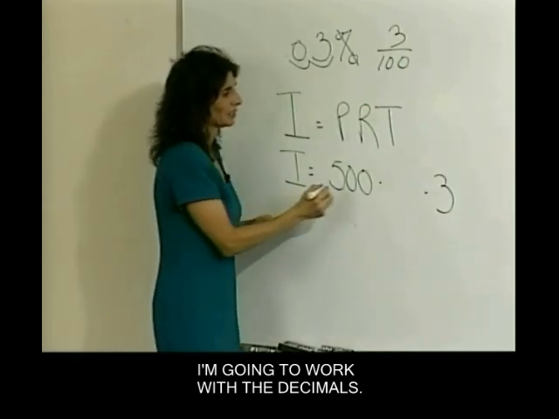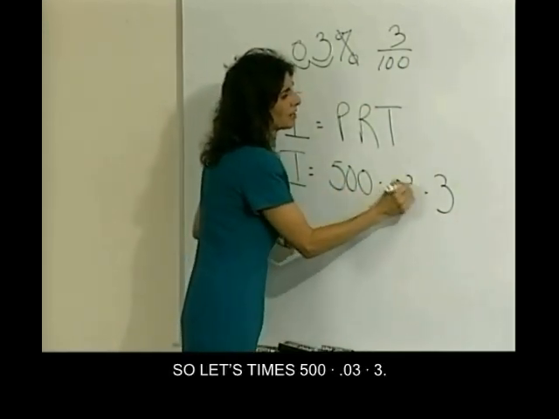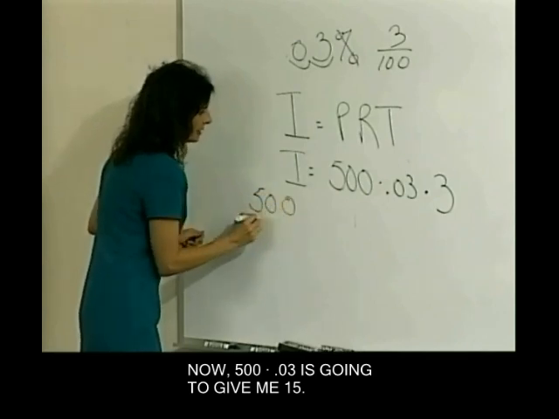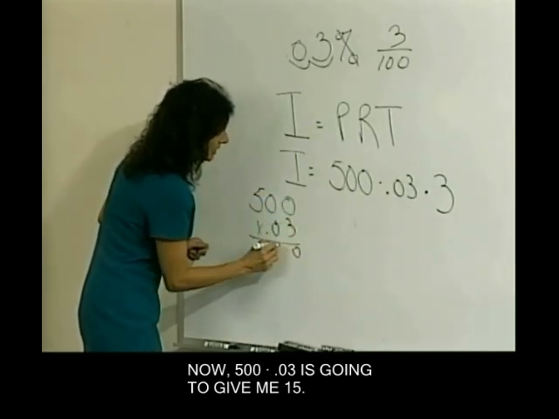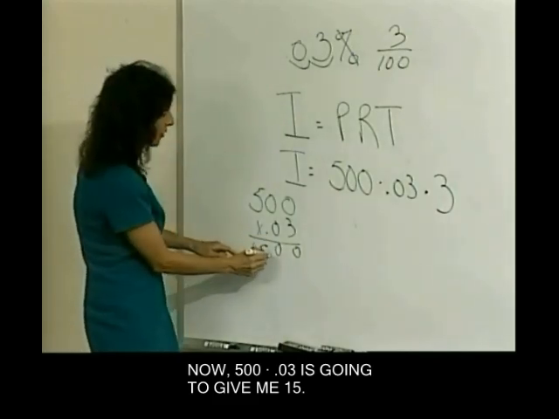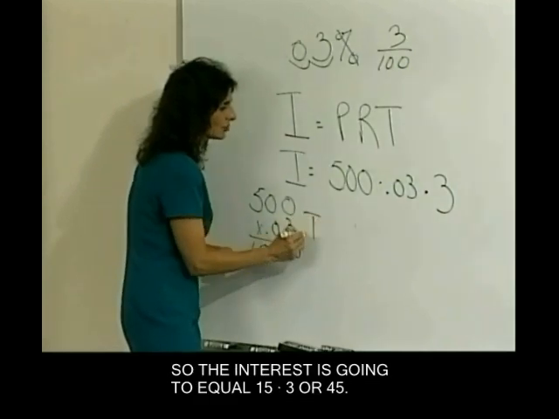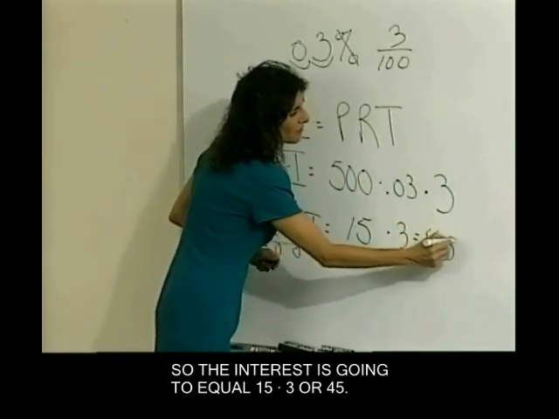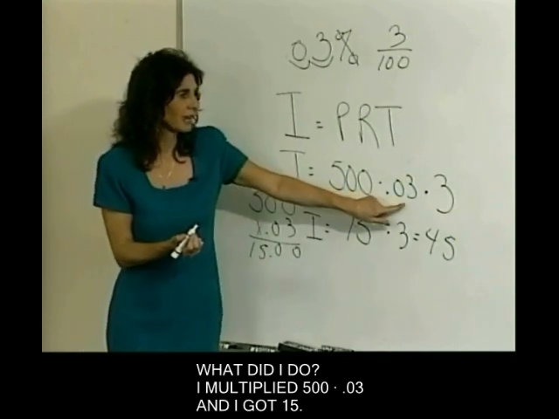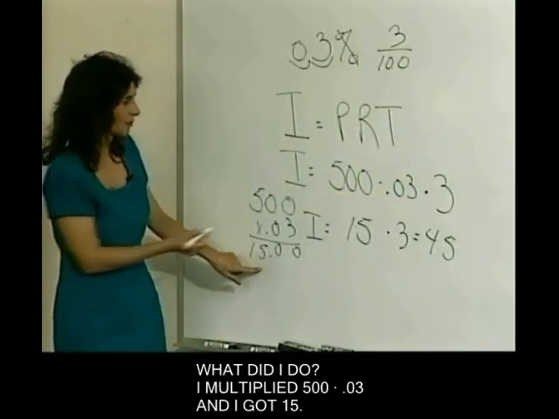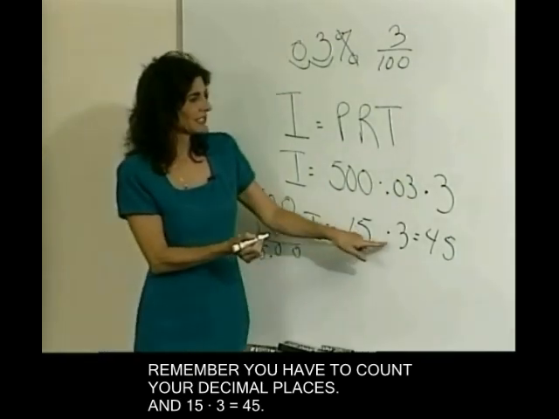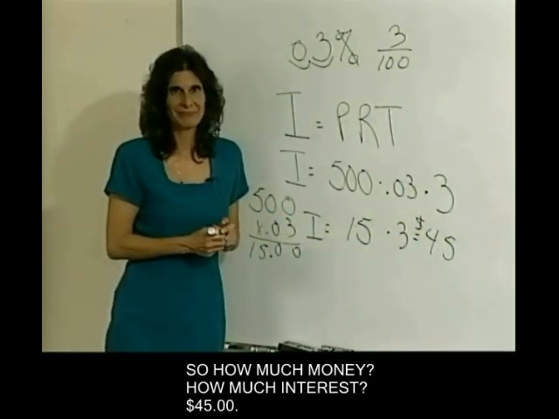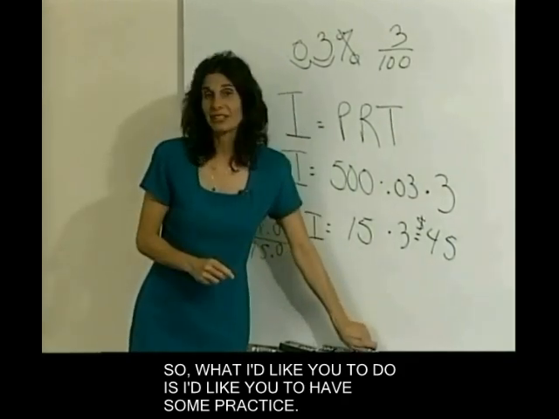I'm going to work with the decimal, so let's do 500 times 0.03 times 3. 500 times 0.03 gives me 15. So the interest is going to equal 15 times 3, or 45. Remember, you have to count your decimal places. So how much interest? $45.